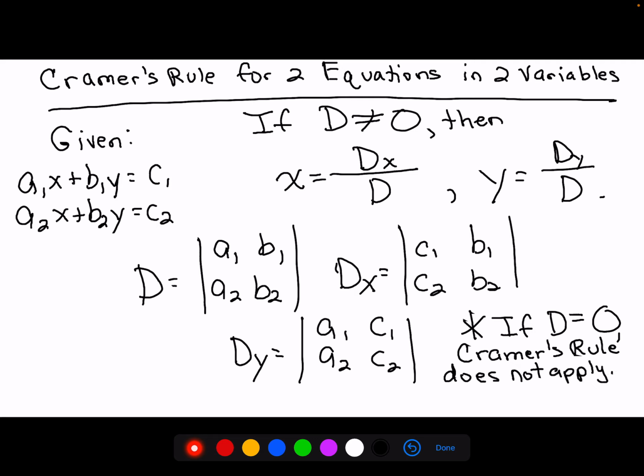So in that case, the system is inconsistent or has infinitely many solutions. Okay, so let me show you an example where you can just stop when you get D is 0.